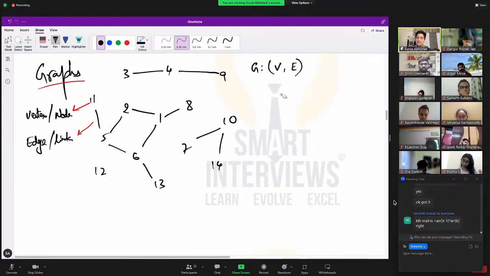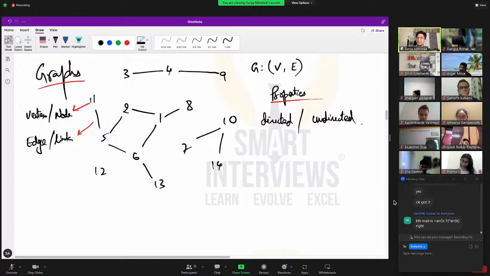A graph can have many properties. The first property that a graph can have is it can be directed or undirected. It can be a directed graph or an undirected graph.